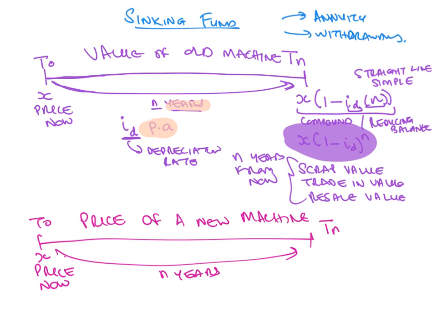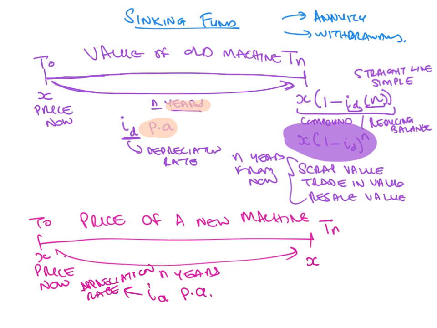Obviously, this is going to increase with time. With inflation, it is going to increase at some rate that we call the appreciation rate. Appreciation means that it is increasing with time. And so, what is the value in the future?